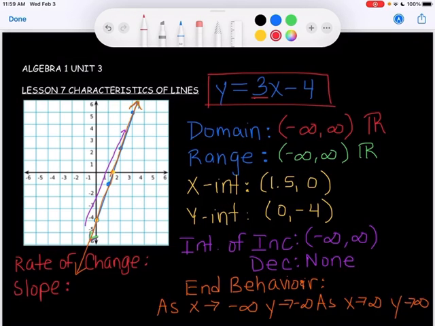It's 3. And even if they give you an interval, your rate of change with a line is constant, so your rate of change will be the same no matter what. But if you wanted to count, let's use this point, (-4, 0) and this point, (1, -1). If I counted, I rise 3, and I run 1. So 3 over 1 equals 3, and that would be our rate of change.